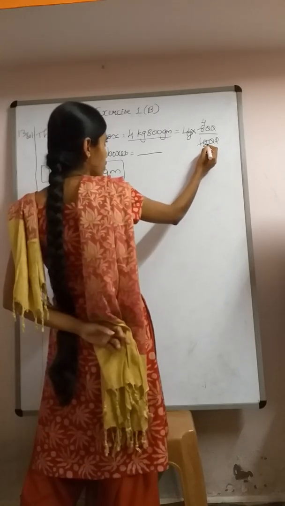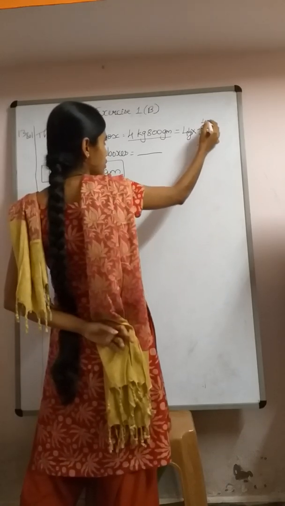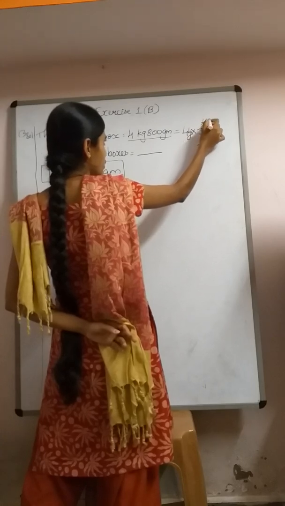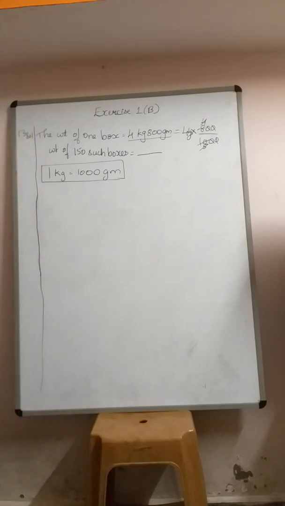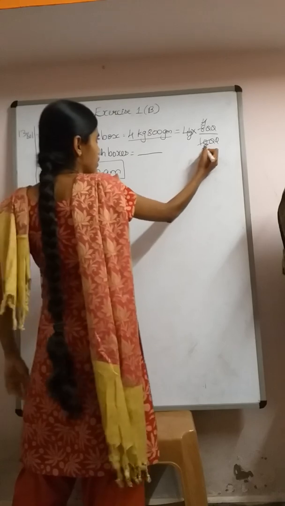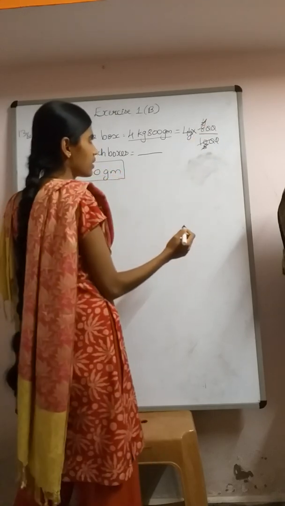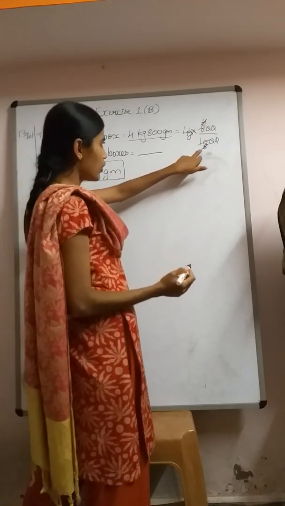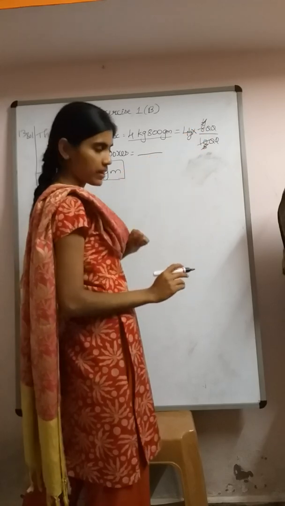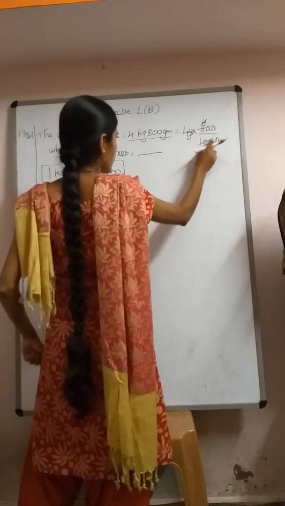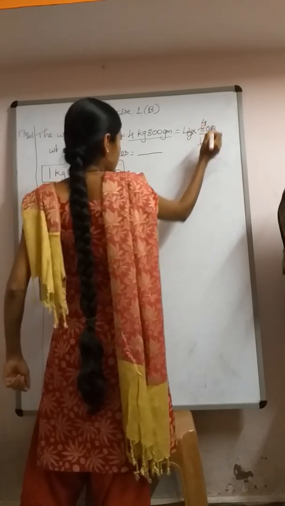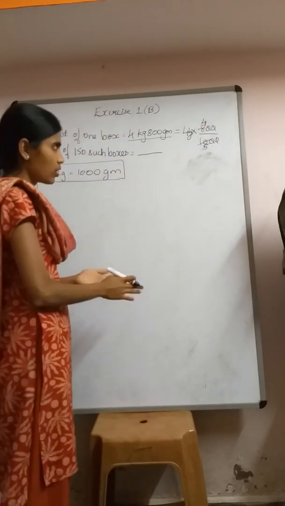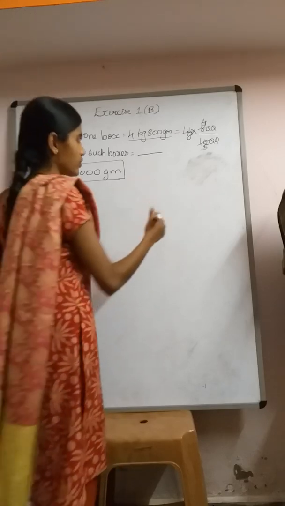Now 5 here, 4 and 5. But remember, we can't tell the tables here. So what we need to do, we should follow the division method. We are not able to cancel the numbers. So let us proceed for division of the numbers.